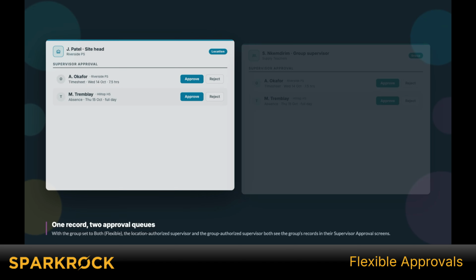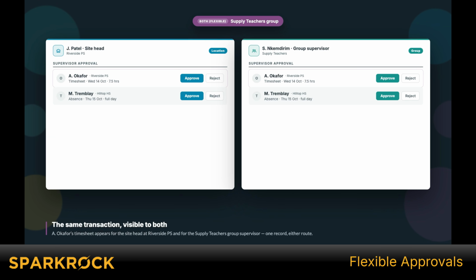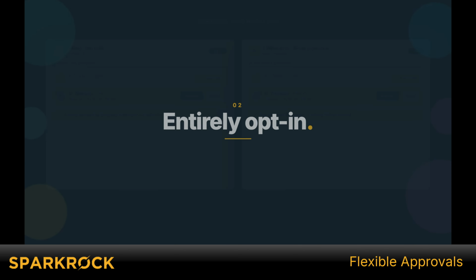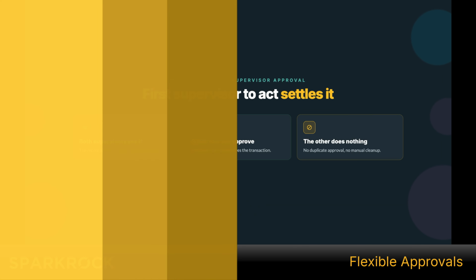When a group is set to both flexible, both the location-authorized supervisor and the group-authorized supervisor can see and approve records for that group from the supervisor approval screens. Whoever acts first resolves the transaction. The second supervisor doesn't need to do anything. And if you don't enable the feature in site configuration, nothing changes. Your existing location-based and group-based groups behave exactly as they do today.